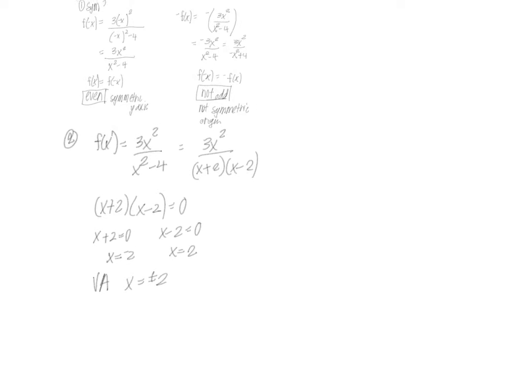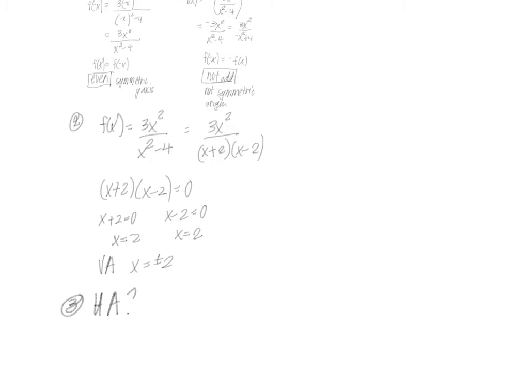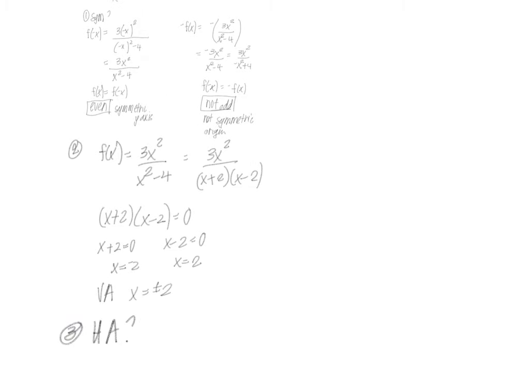Okay, well, what about the horizontal asymptote? Well, the degree of the numerator is the same as the degree of the denominator. So it's really very similar to some of the other ones we've worked.